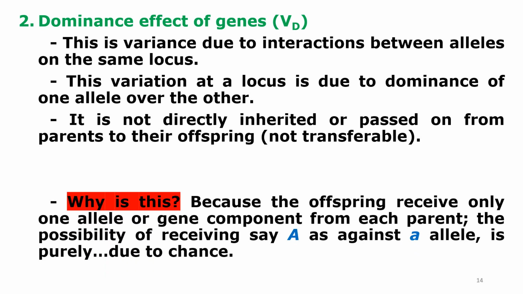And why is this? It is because the offspring receive only one allele or a gene component from each parent, and the possibility of receiving, say, a capital A as against a small a is purely due to chance.